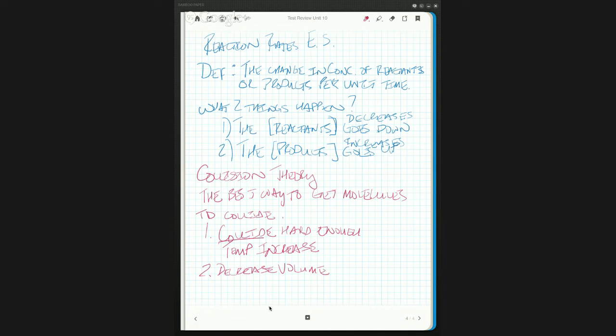So if we decrease the volume, now there's less space and they're more likely to collide. Now, for gases, we would do this by increasing pressure, because as you remember, pressure and volume are inversely related.